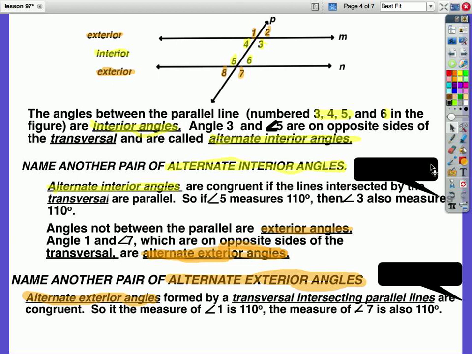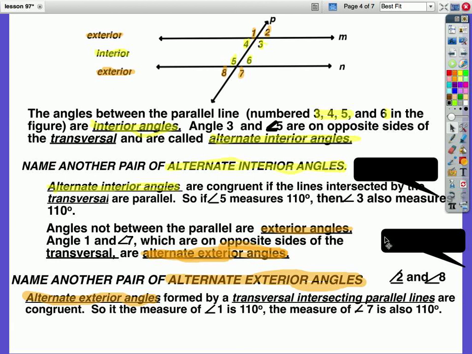Angles that are not between the parallel lines are exterior angles. So angle 1 and angle 7 are on opposite sides of the transversal. They're equal in measure, so they're alternate exterior angles. What's another pair? Angles 2 and 8. Alternate exterior angles formed by a transversal intersecting parallel lines are congruent.